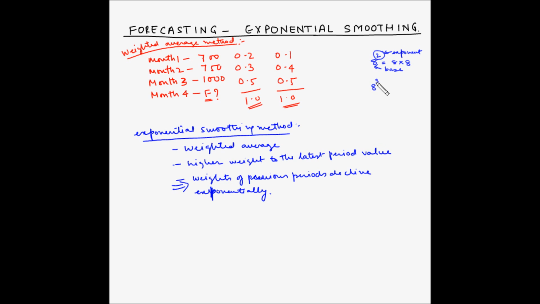Now if we have 8 to the power 3, then this means that 8 has to be multiplied by itself 3 times, so 8 multiplied by 8 multiplied by 8. So in the exponential smoothing method, the weights of the previous periods decline exponentially, and that is why the name is exponential smoothing method.